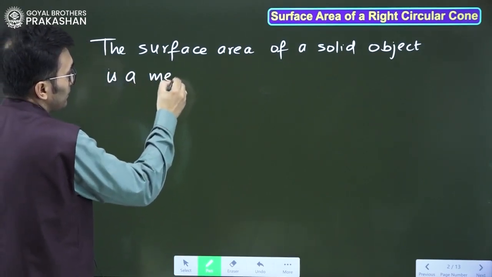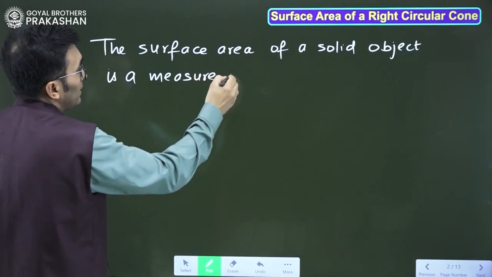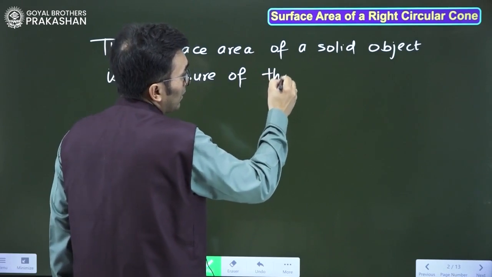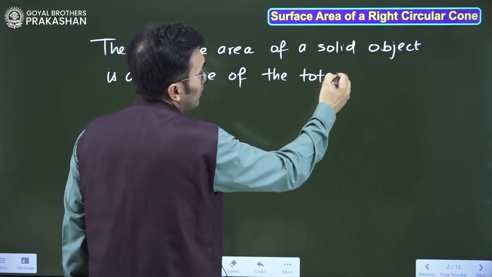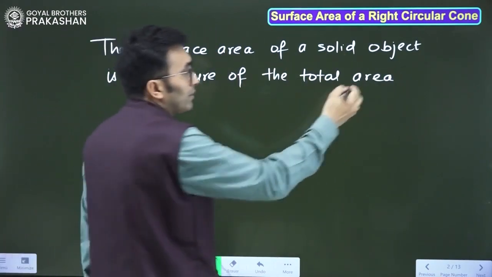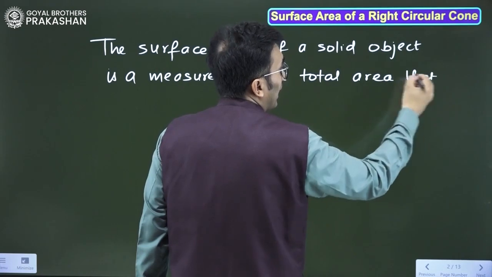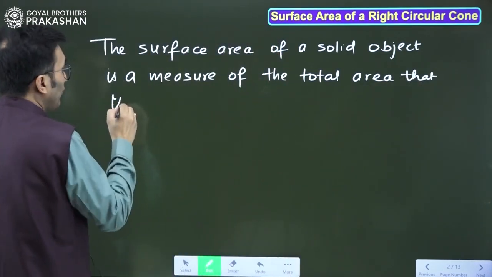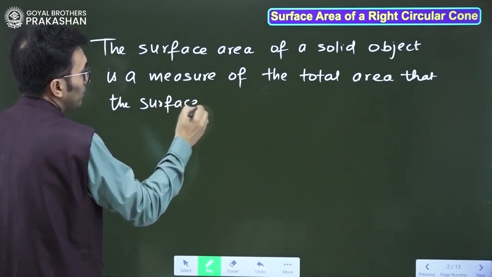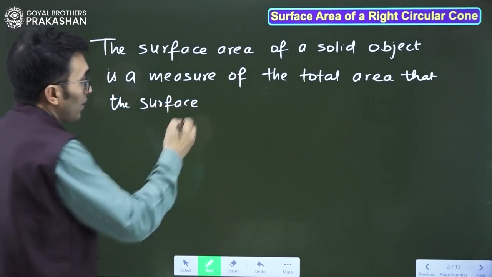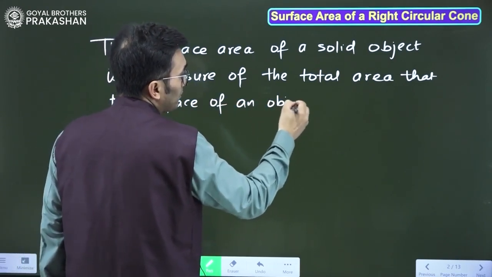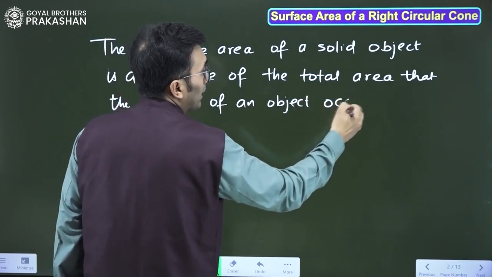measure of the total area that the surface of an object occupies.